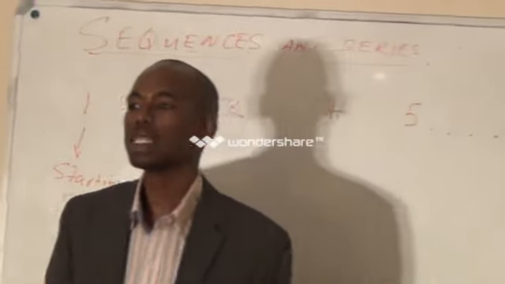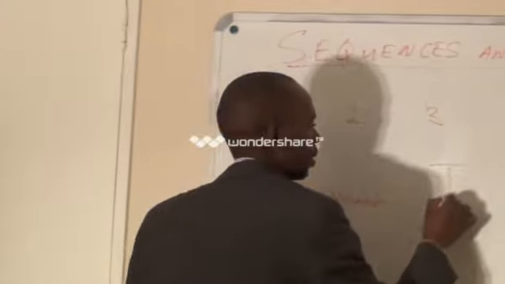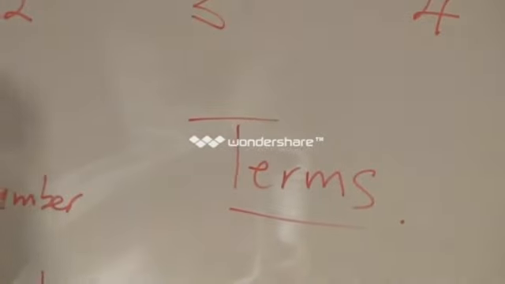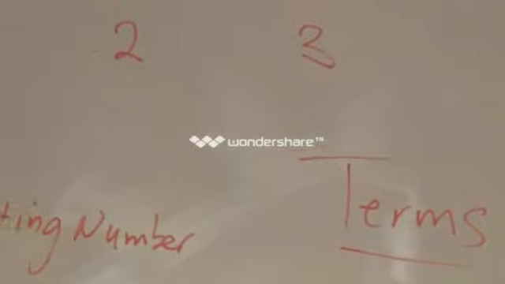Are we happy? Good. Second thing, we can also generally talk about what we are seeing there. All these numbers, as we see them, are terms. So I'm going to write that down: terms of that sequence which I've actually introduced. All right?